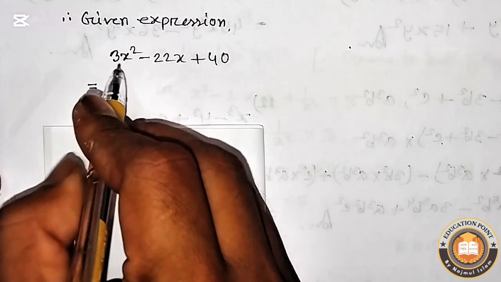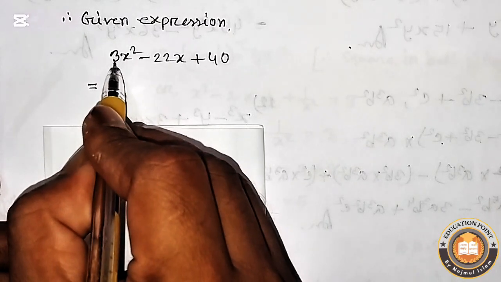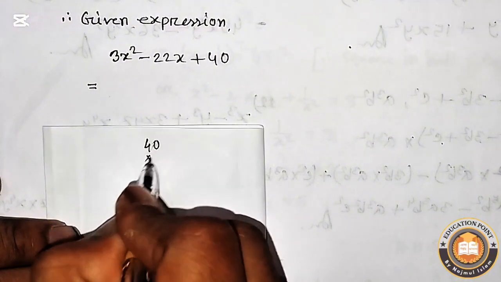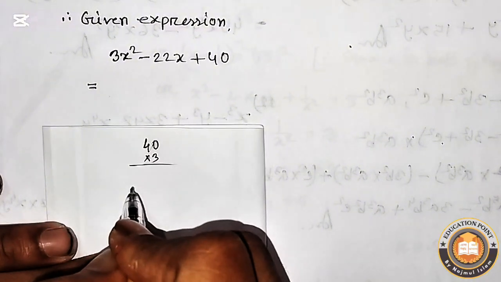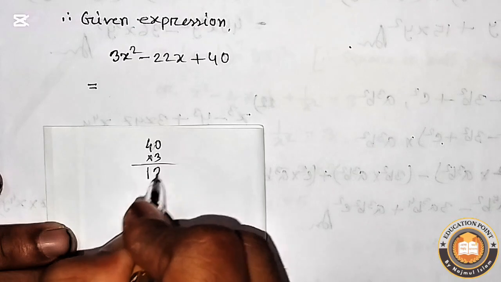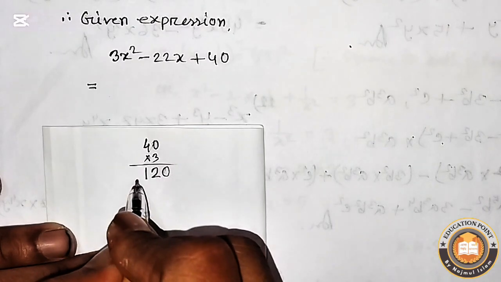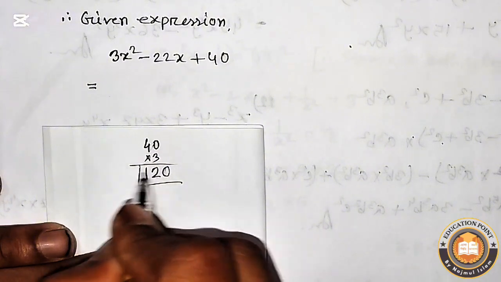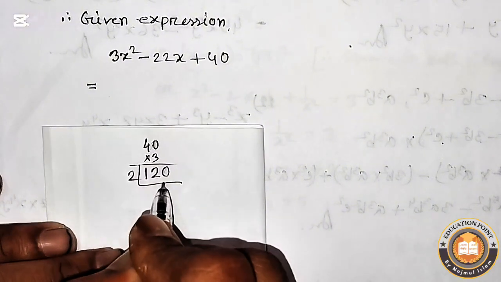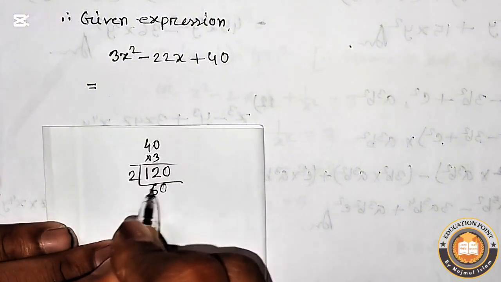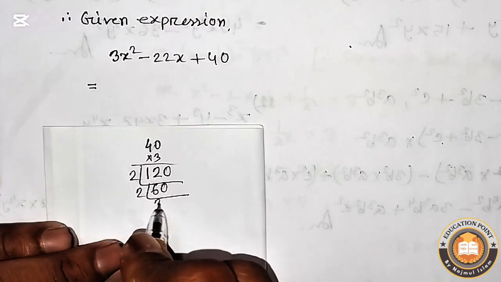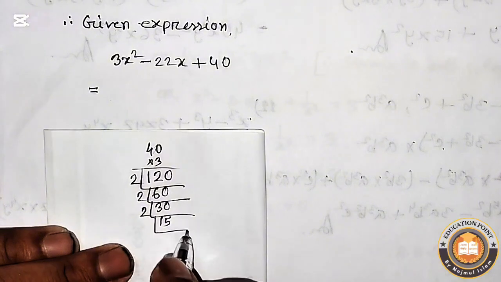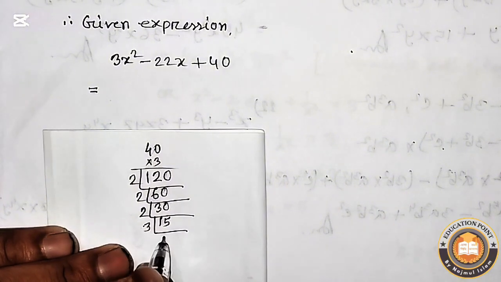Here we will apply the mid-term rule. At first, multiply the coefficient of the first term with 40, which gives 120. Now we will find the factors of 120. 120 divided by 2 equals 60. 60 divided by prime number 2 equals 30. 30 divided by prime number 2 equals 15. 15 divided by prime number 3 equals 5.